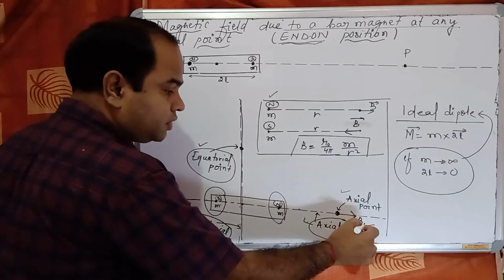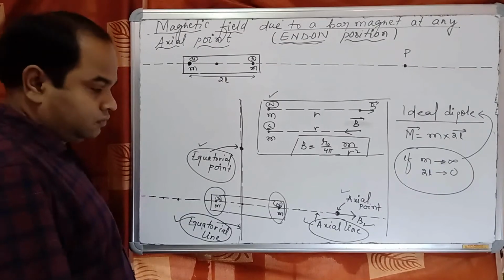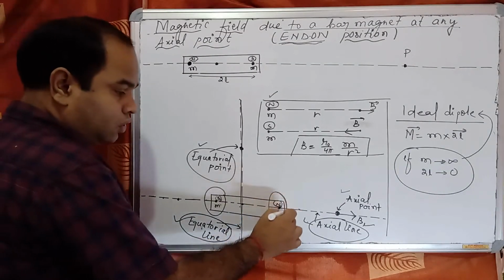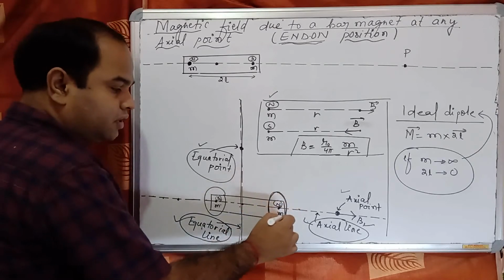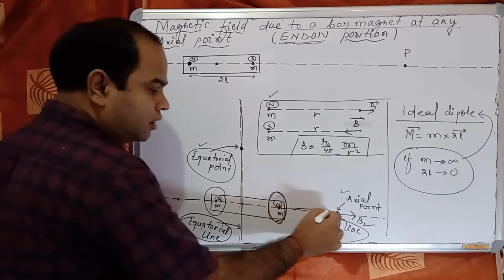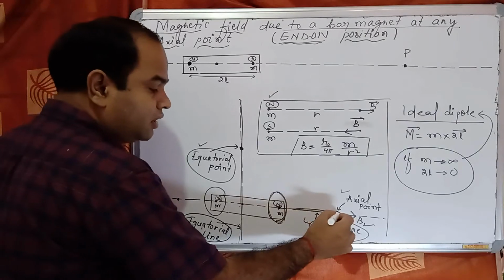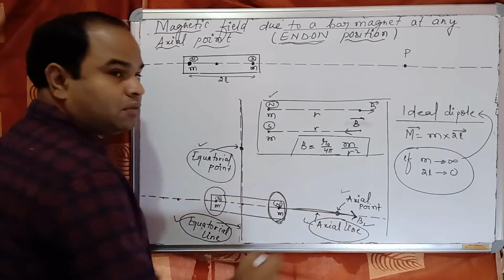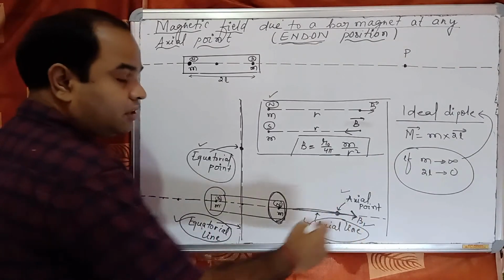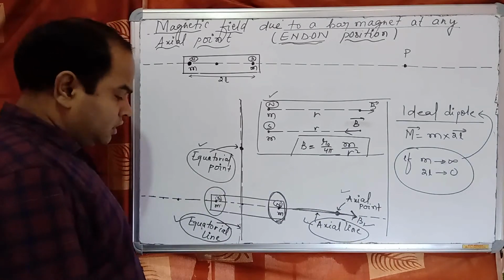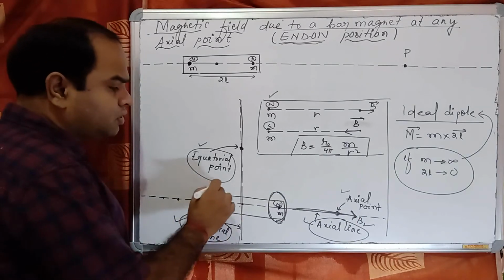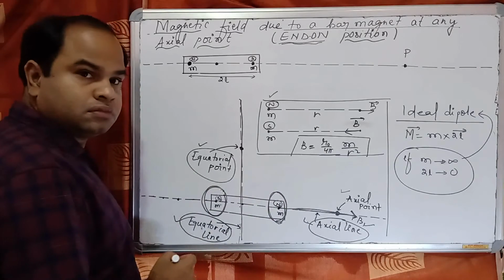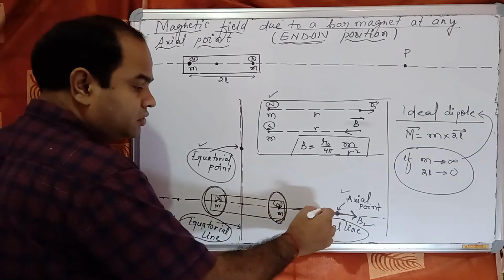Let us say this is B1. This north pole of the bar magnet will produce a magnetic field at this axial point that is outward in nature. This south pole will also produce a magnetic field at this point, so it is inward in nature.